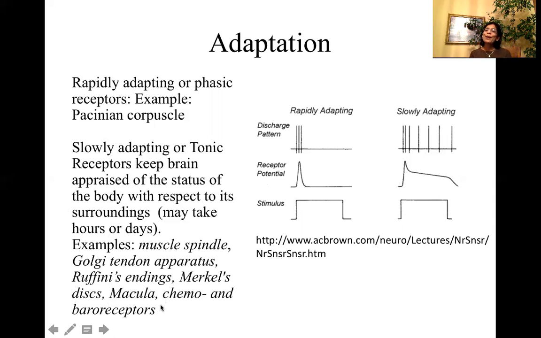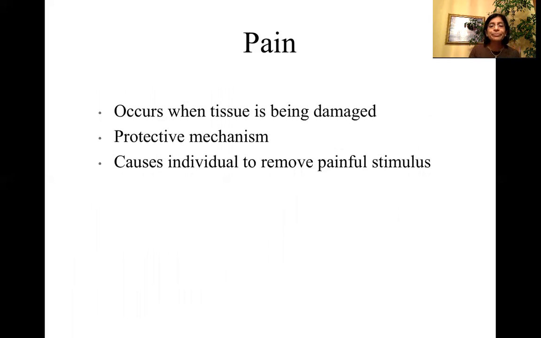They're all tonic receptors. Most of these are protective receptors. So in order to protect the body, they are designed to continue to respond to a stimulus so that a specific action can be taken eventually.